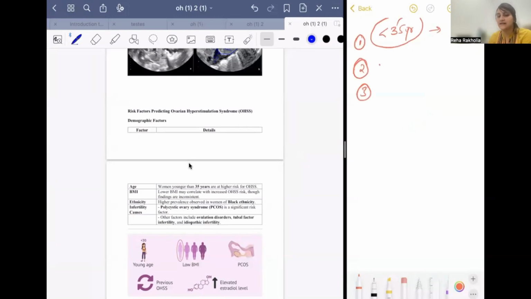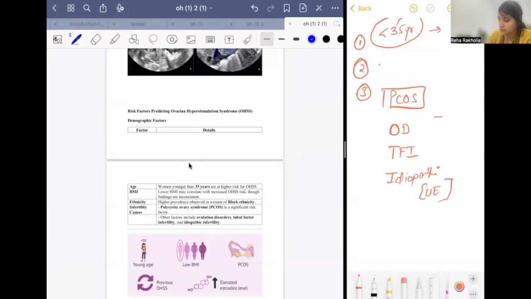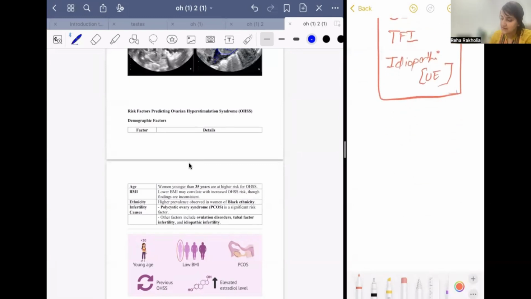Certain conditions like PCOS are a significant risk factor. Other factors include ovulation disorder, tubal factor infertility, and idiopathic infertility, that is unexplained infertility. These also contribute to the risk of OHSS.